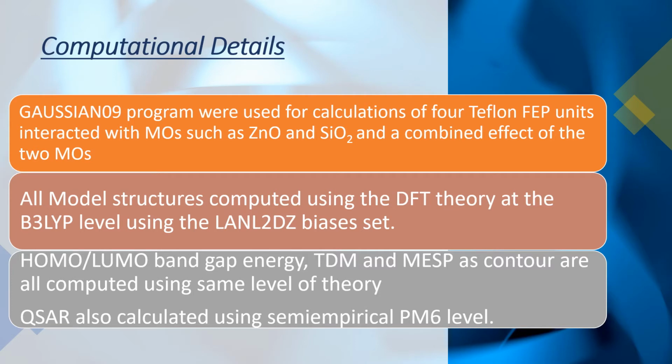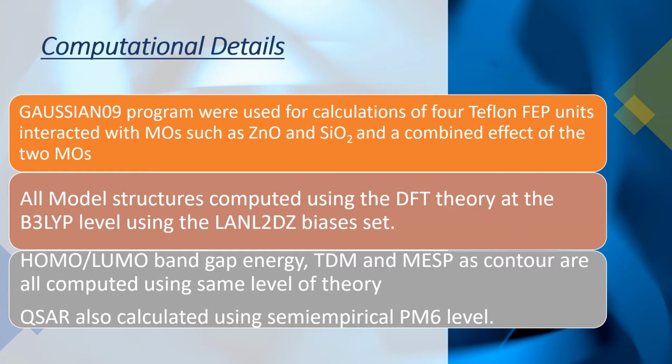To study our work, we used the Gaussian 09 program to calculate the interaction between Teflon FEP and some metal oxides such as zinc oxide and silicon dioxide, and a combination of the two metal oxides.